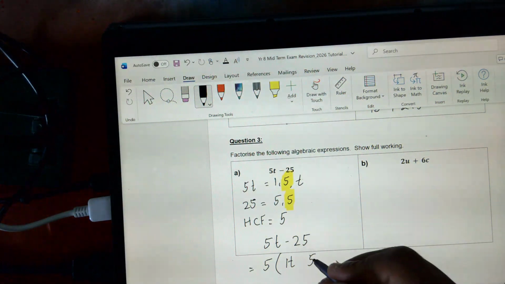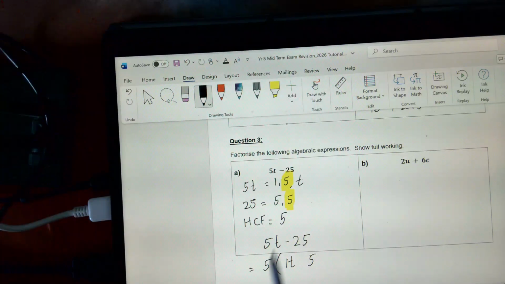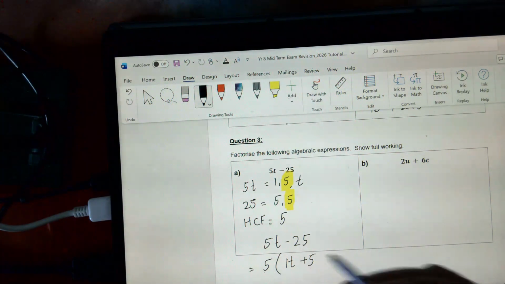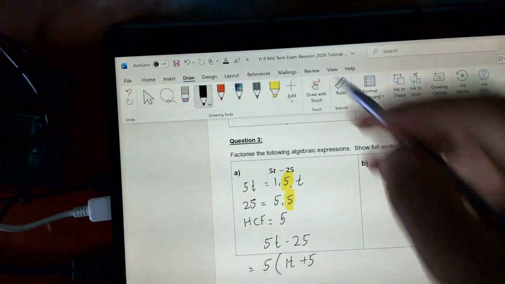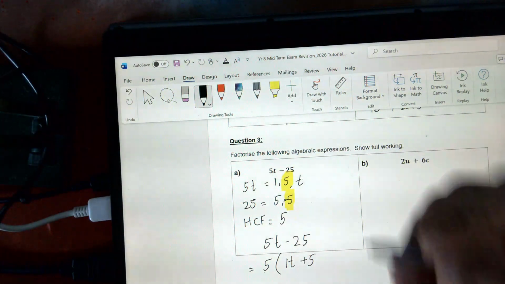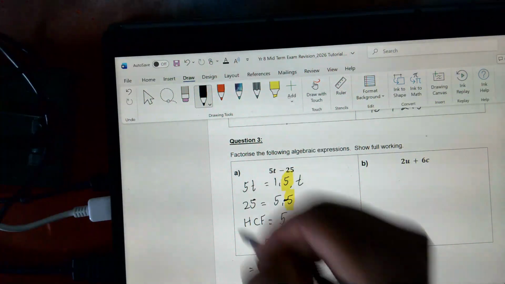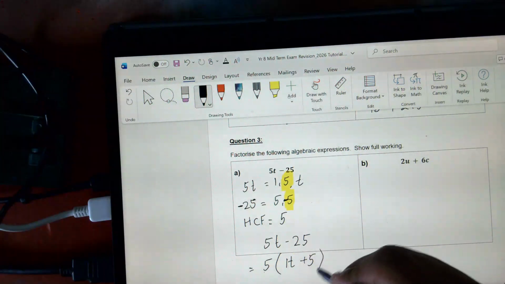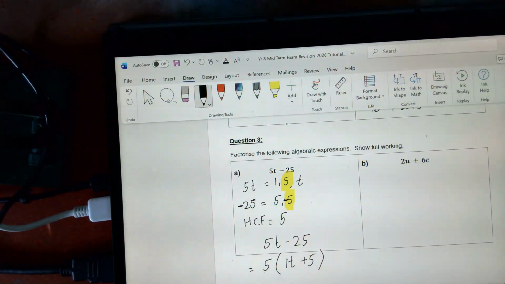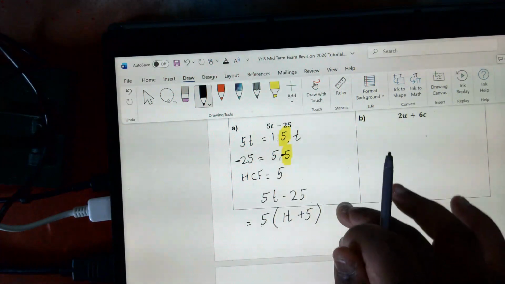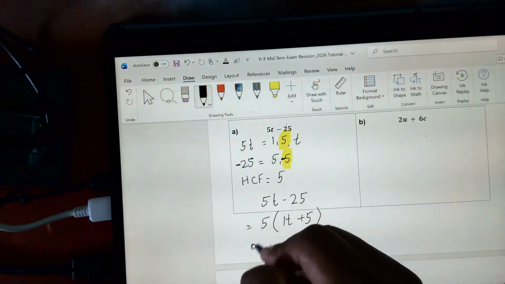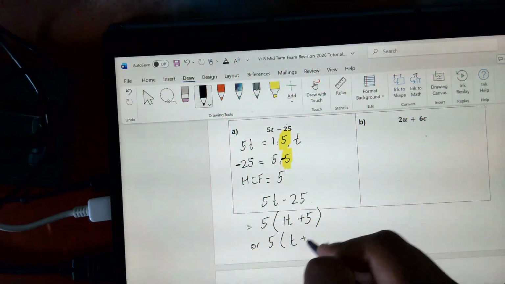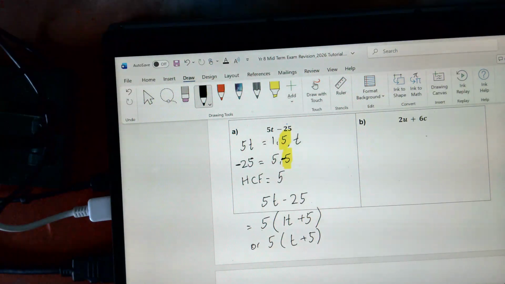We want the 25 to be negative, so it's got to be a negative 25. So really what I should have is a positive 1t and a negative 5, because my answer here has got to be negative. And there's your final solution for that one: 5 outside of 1t take 5. If you wrote 5 outside of t take 5, same thing, you'll get the marks.